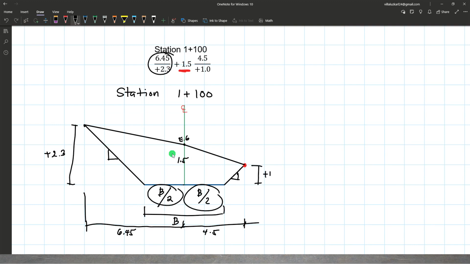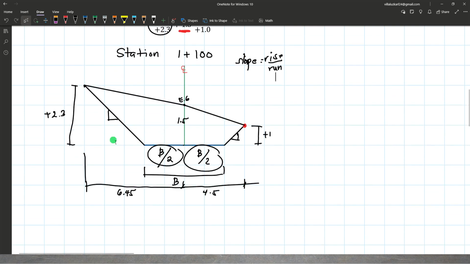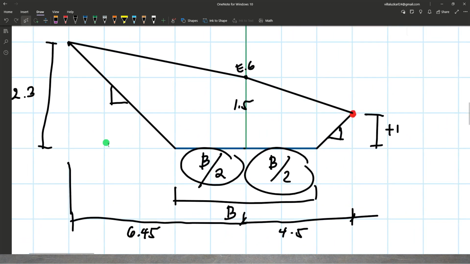From that principle, where the slope is equal to rise over run, or the vertical distance over the horizontal distance of that slope, we can simply make an equation to determine the width of the roadway.